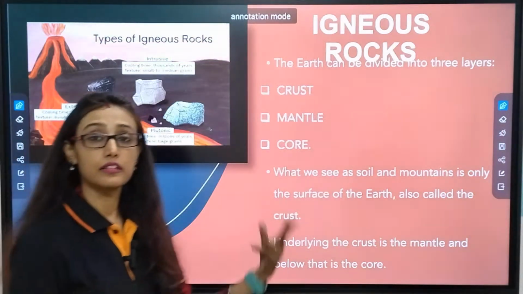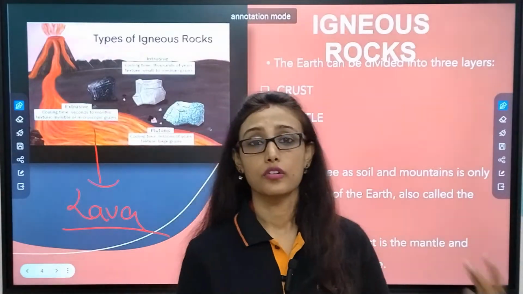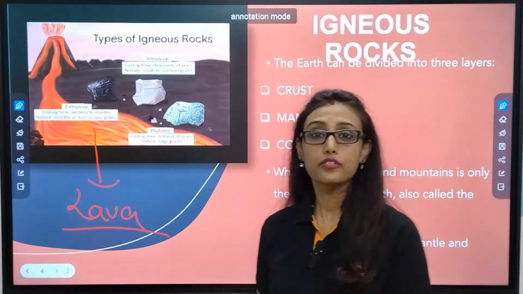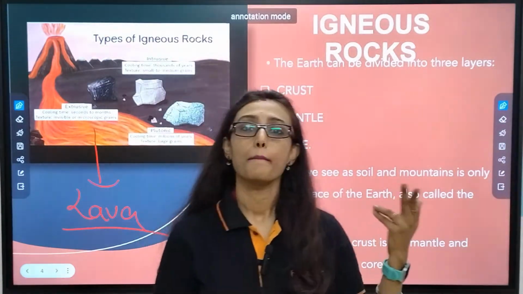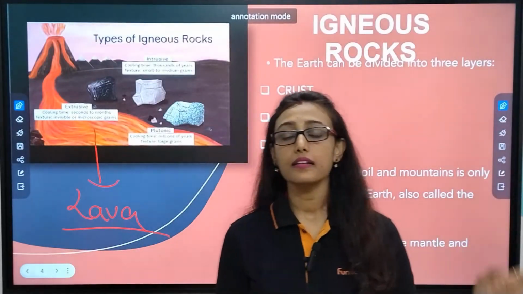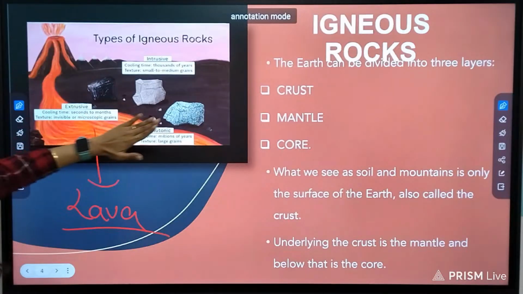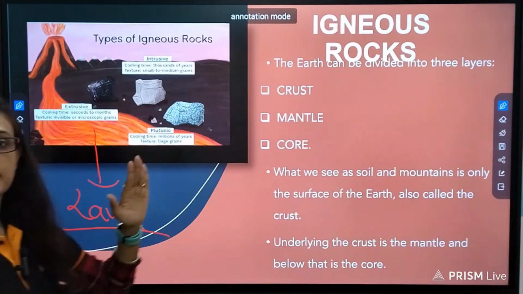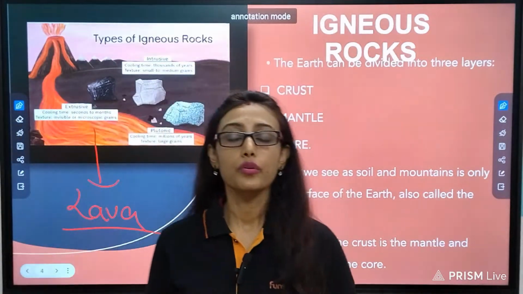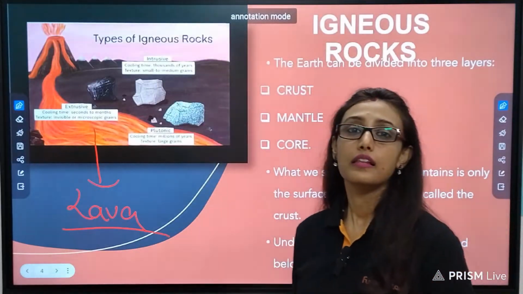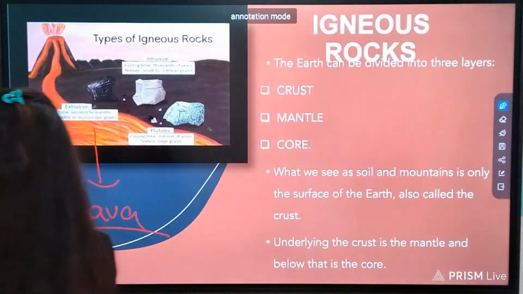Inside the earth, the molten hot liquid rock is known as magma, and when it flows out through a volcanic eruption onto the earth's surface, that is known as what? Lava.